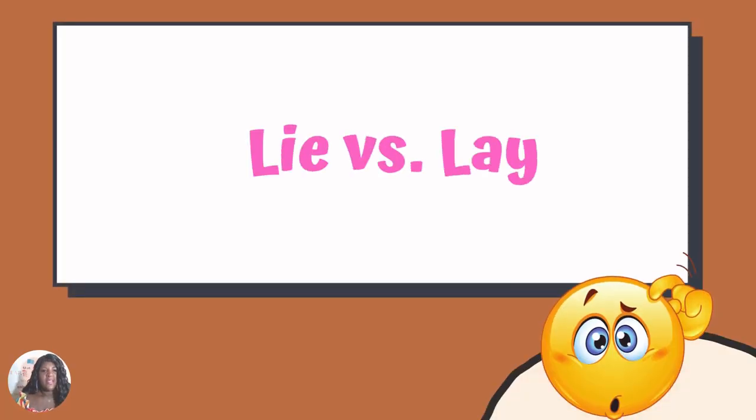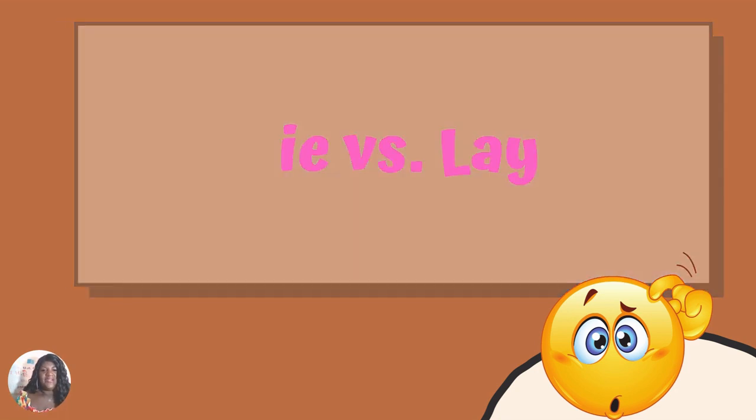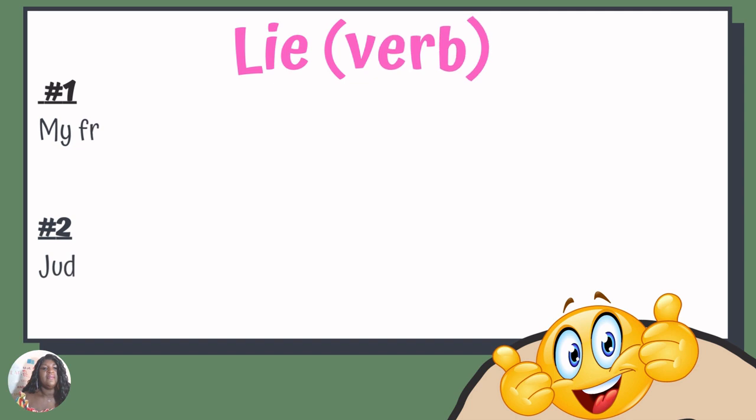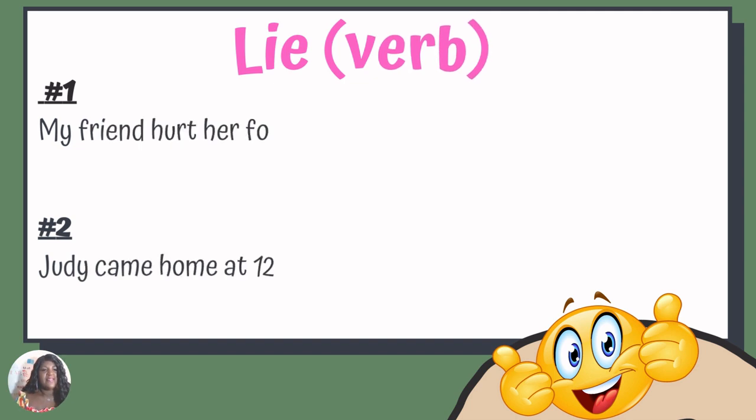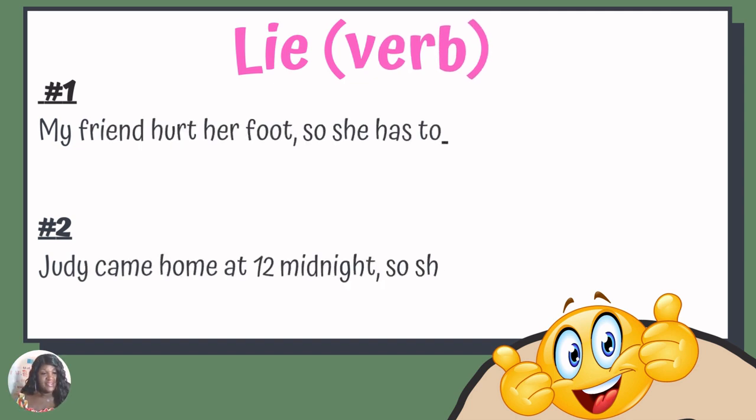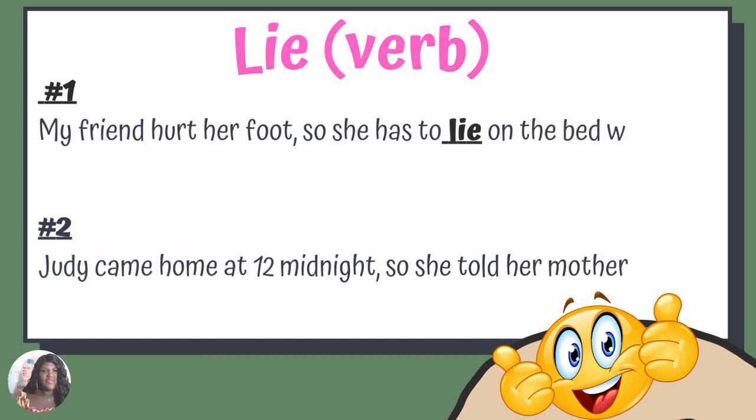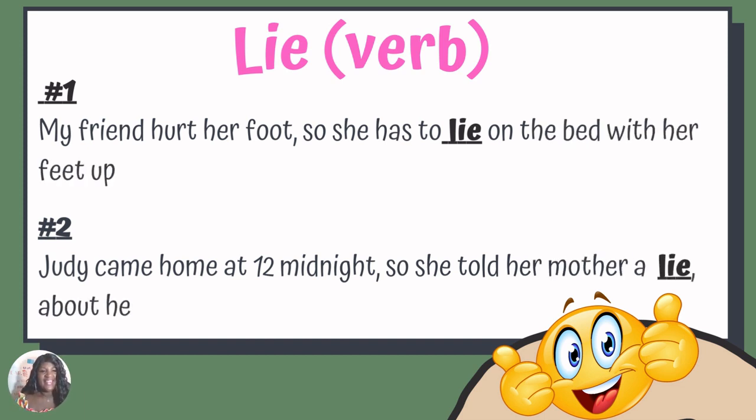Lie versus lay. Again, I find these two words very confusing to a lot of people. Let's find out how to use them. The first example: lie is a verb, but it can be used in two different ways, meaning two different things.